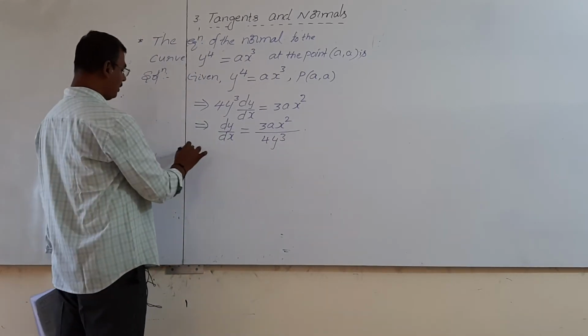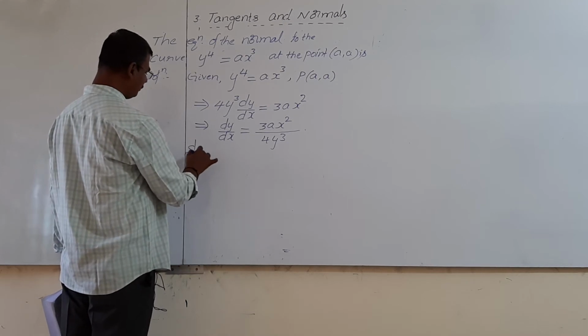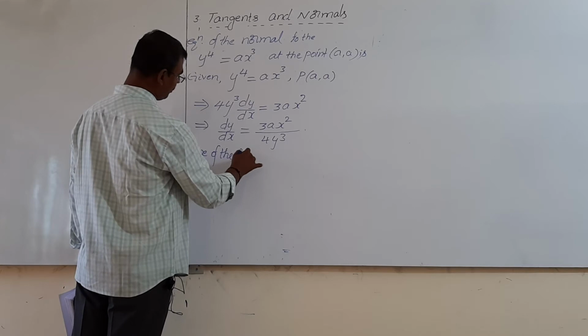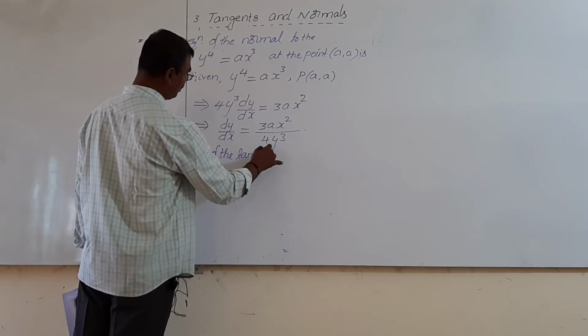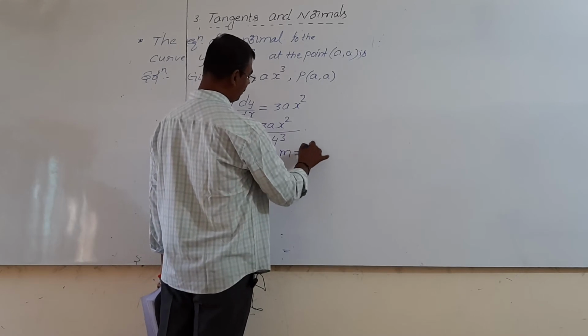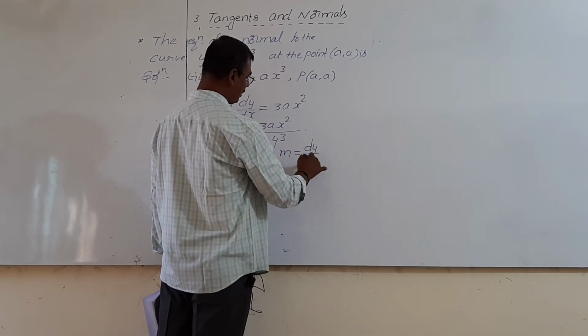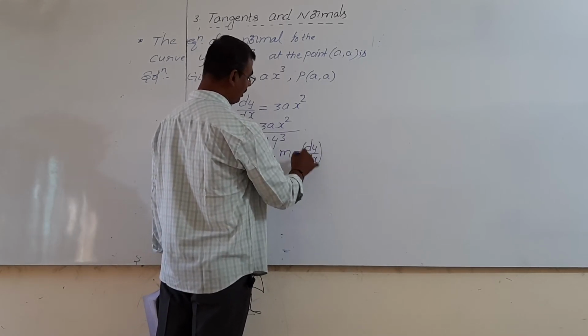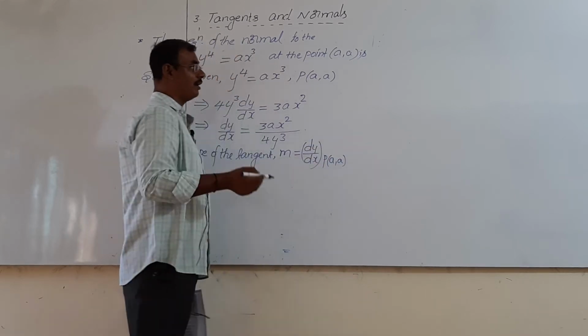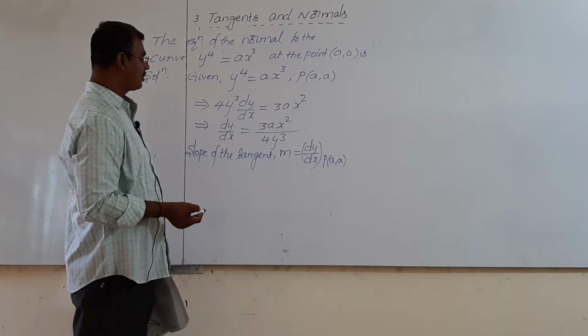Now the slope of the tangent. Always remember this formula: m is equal to, for any curve, the slope of the tangent at any point is dy by dx at the point P. Which point here? (a, a). Now substitute here.